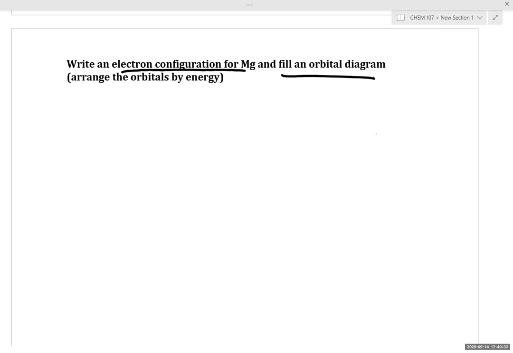So let's take about 3 to 4 minutes and focus on writing an electron configuration for magnesium and filling in an orbital diagram. If you're able to use the annotate feature to share your proposed orbital diagram, that would be great. If not, you can provide your electron configuration and proposed orbital filling order in the chat or verbally.